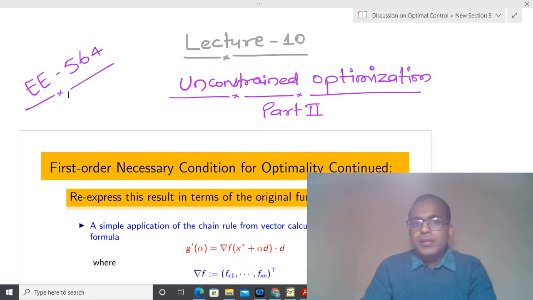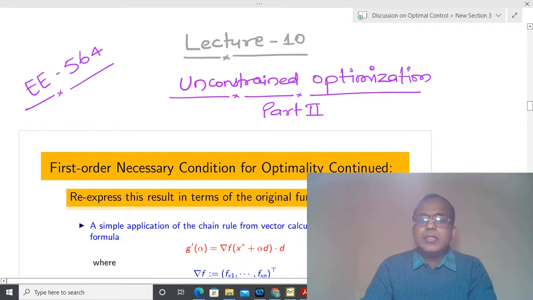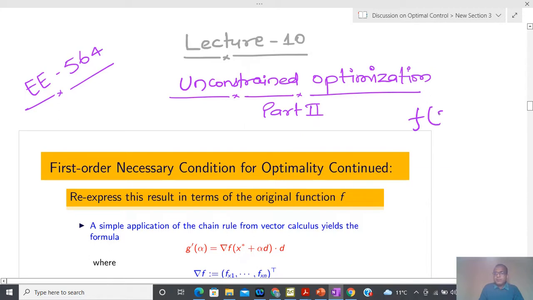And what we have seen is that whenever I have some kind of real valued function, because I am just talking about finite dimensional optimization problems, I have taken this function and I am assuming that it is mapping from Rn to R, and now I have to minimize this function.